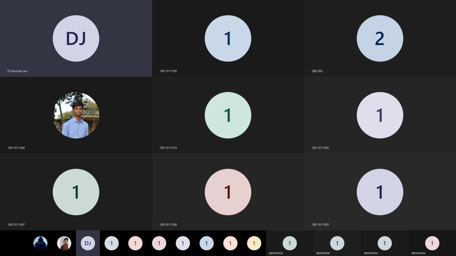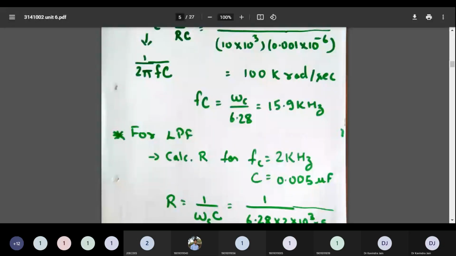Now for 200, gain is 1.96, and 20 log absolute value is 5.85. Very good. For F is equal to 700, gain is 1.63 and 20 log is 4.28. Very good.